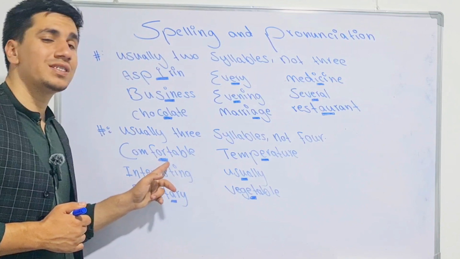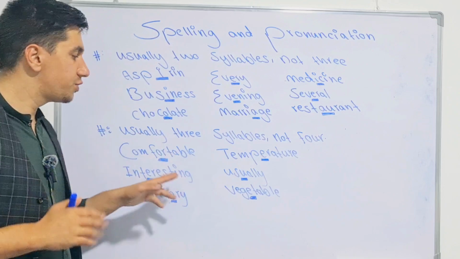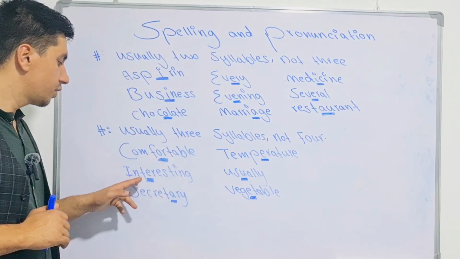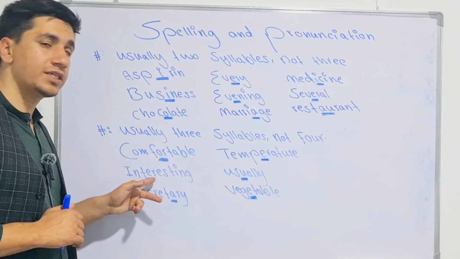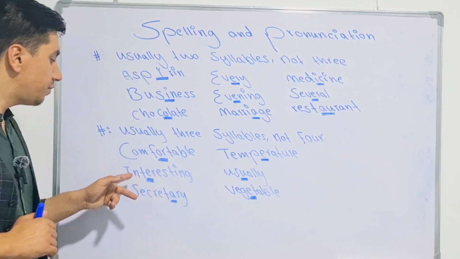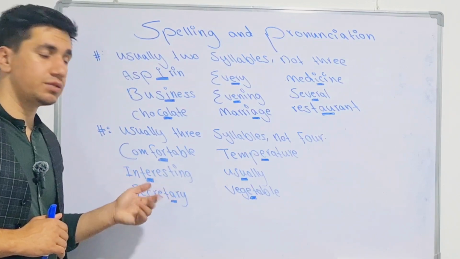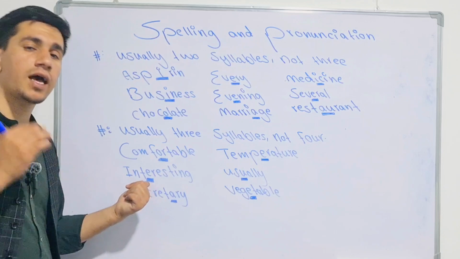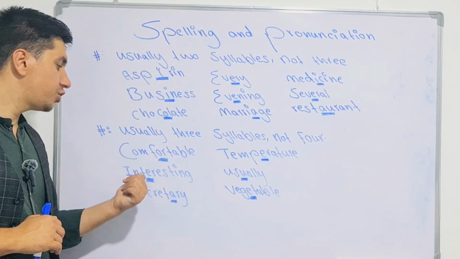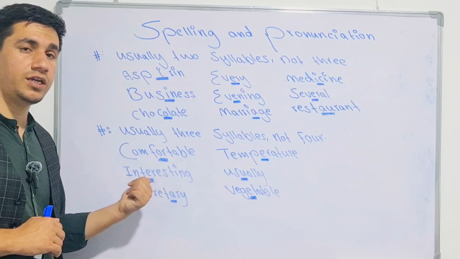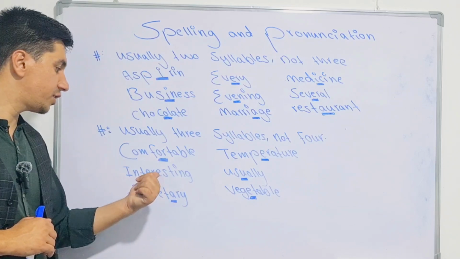The O is silent. We do not pronounce it comfortable, comfortable. We do not pronounce them like interesting, interesting. Sorry. We pronounce it interesting, because the sound is silent, which we generally do not pronounce.